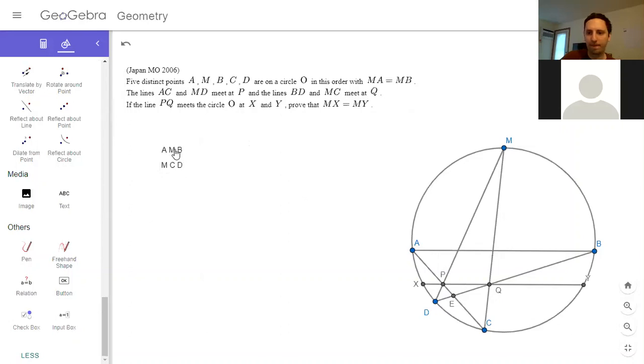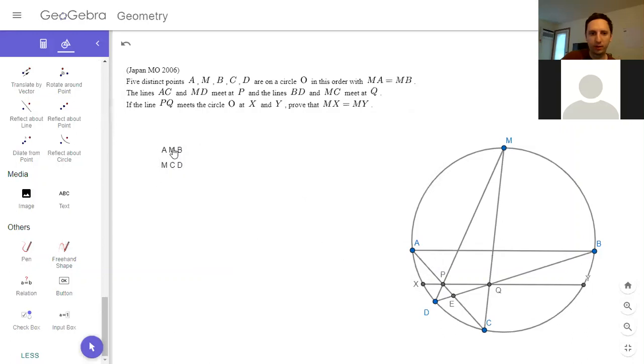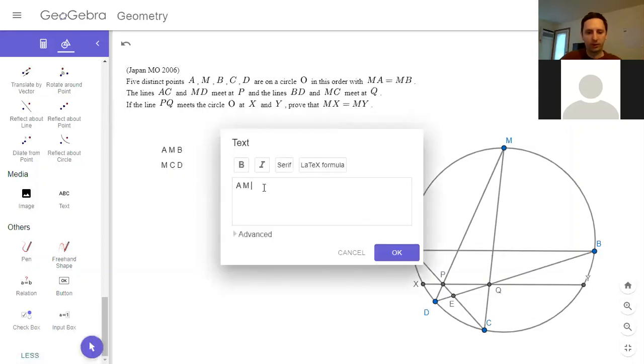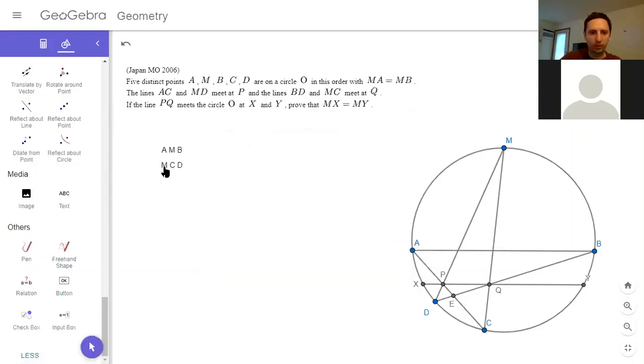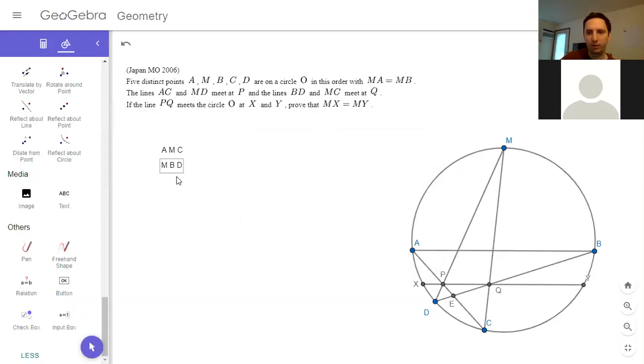I think we want, let me try this. Let me change that to a C and that to a B. There's actually an easier way to write Pascal's.